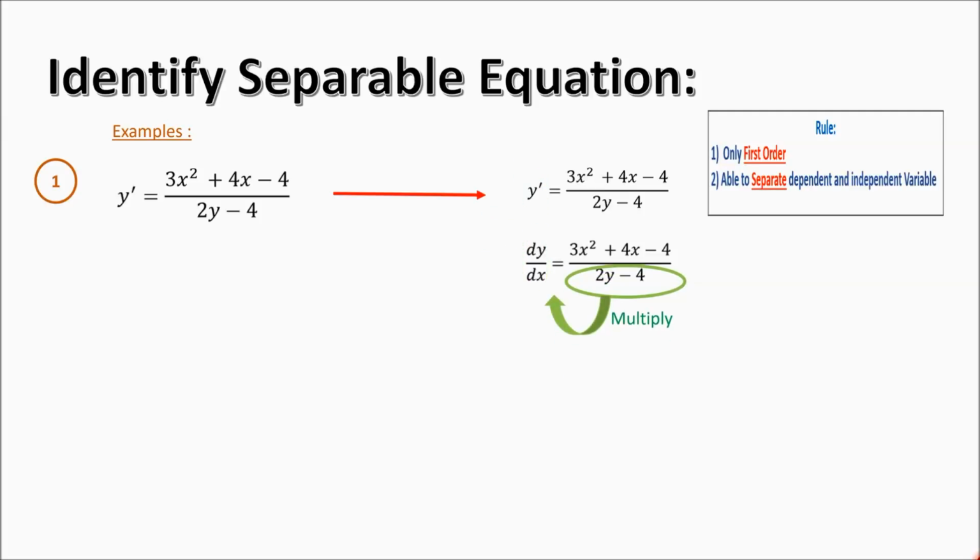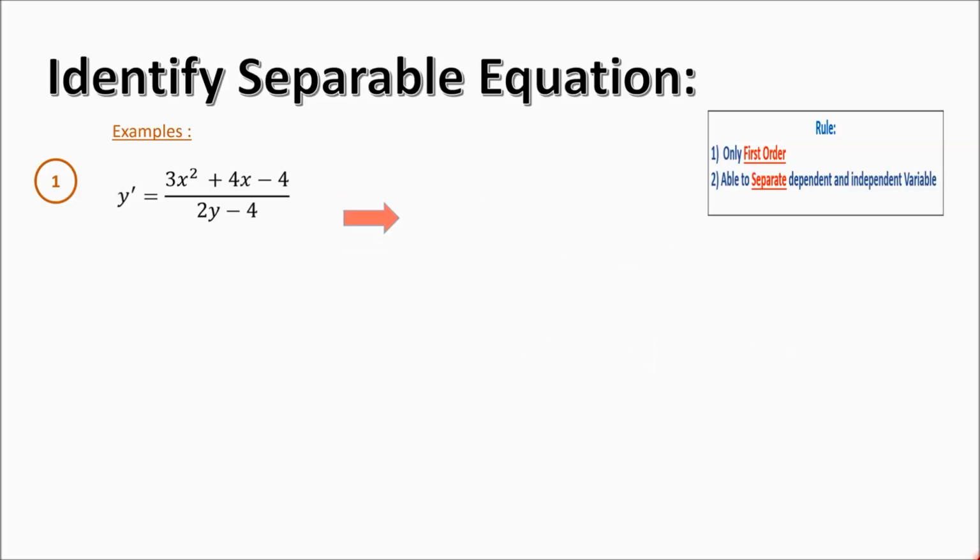First, we will bring the 2y minus 4 to the left hand side. And then we will bring the dx to the right hand side. It will become integration of 2y minus 4 dy equals integration of 3x squared plus 4x minus 4 dx, which means you are able to separate the dependent and independent variables, which means this is a separable equation.